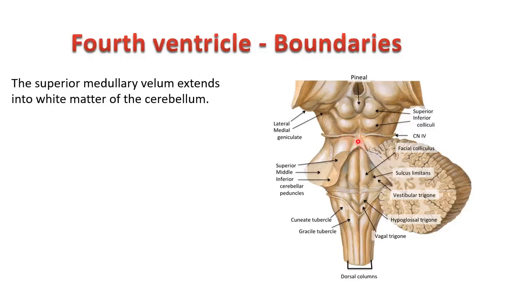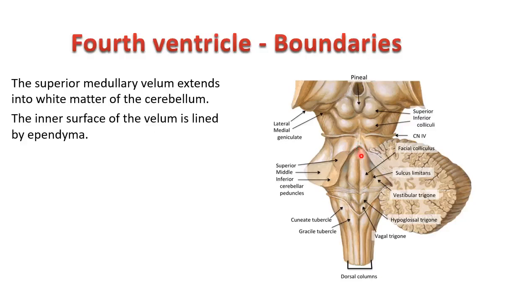The superior medullary velum forms the roof, and you should also remember that to some extent the superior cerebellar peduncles, as they converge near the midbrain, also contribute to the upper part of the roof. You are able to get an idea. This is the upper part of the roof and the lower part of the roof, which we have seen in the sagittal section. That is the superior medullary velum.